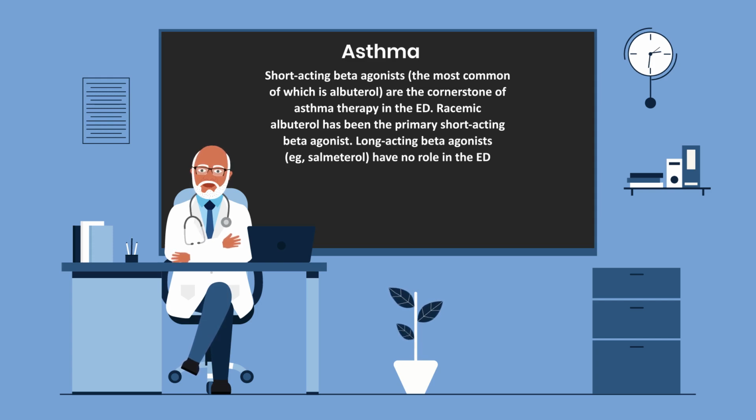Racemic albuterol has been the primary short-acting beta agonist. So remember, in the emergency setting, you want to use a short-acting beta agonist. Long-acting beta agonists, such as salmeterol, have no role in the emergency department.